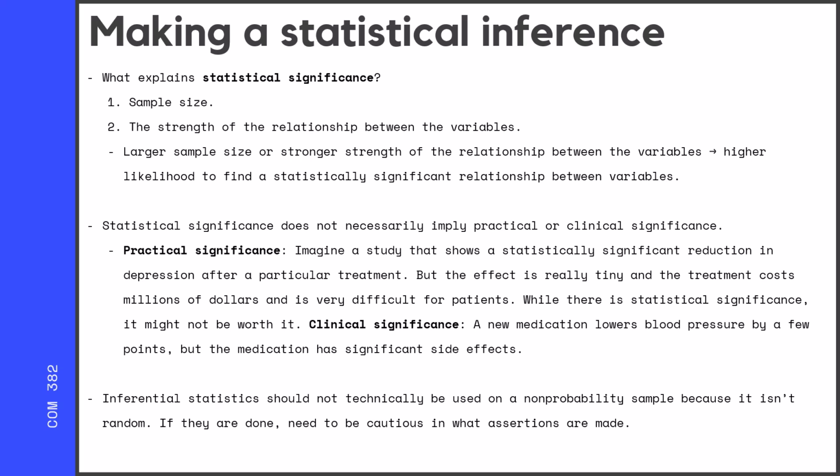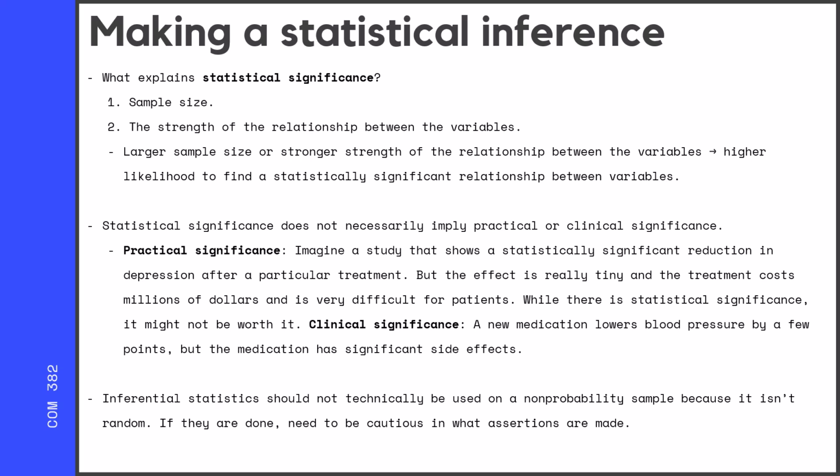Clinical significance, let's give an example of a new medication that lowers blood pressure by a few points, but the medication has a bunch of side effects. Even though the study might have shown that it's statistically significant, it's not actually clinically significant because doctors aren't going to use it because of all these side effects.